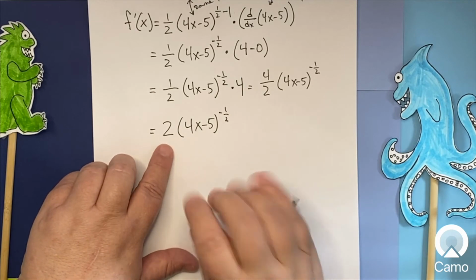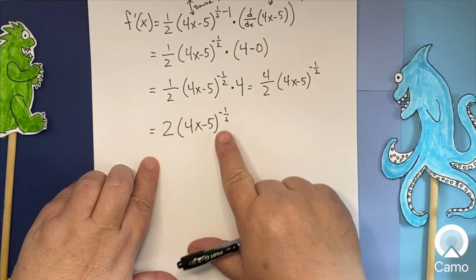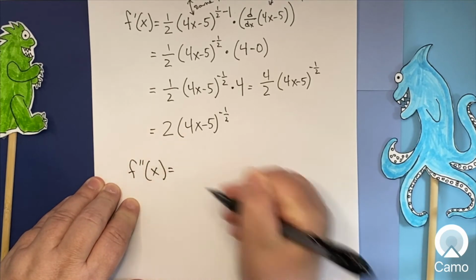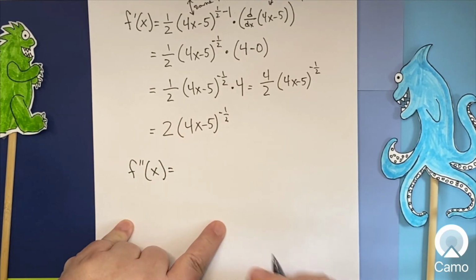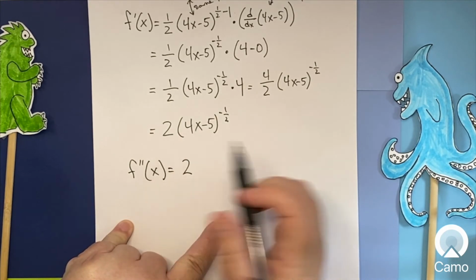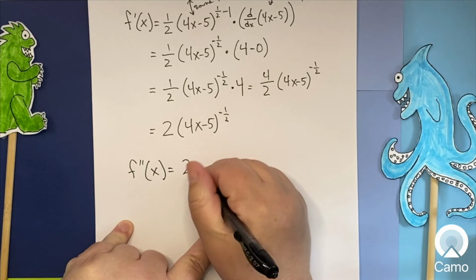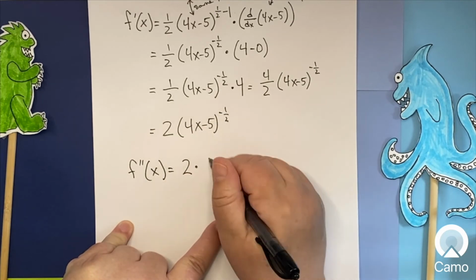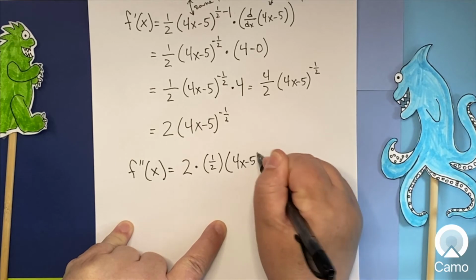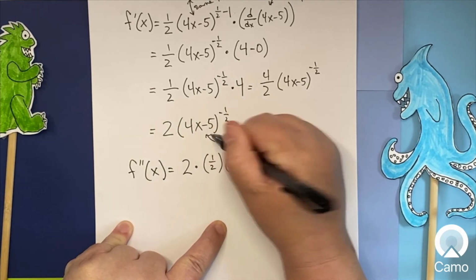The 2 just hangs out because it's just multiplied. So the 2 gets left there. Then the negative 1/2 comes down. The 4x minus 5 stays the same. And now I've got negative 1/2, the old exponent, minus 1, because that's the rule for dealing with exponents.